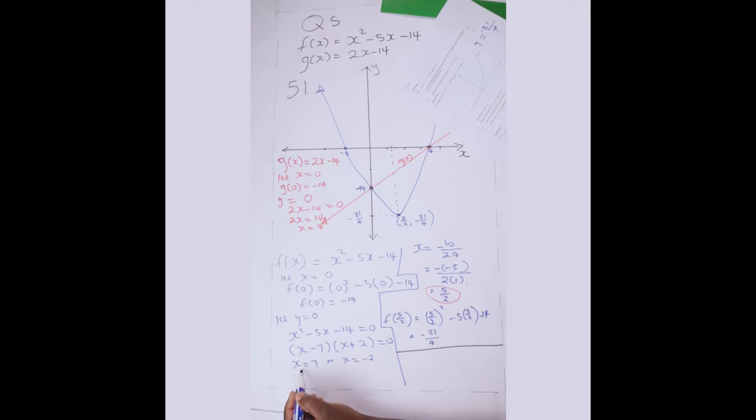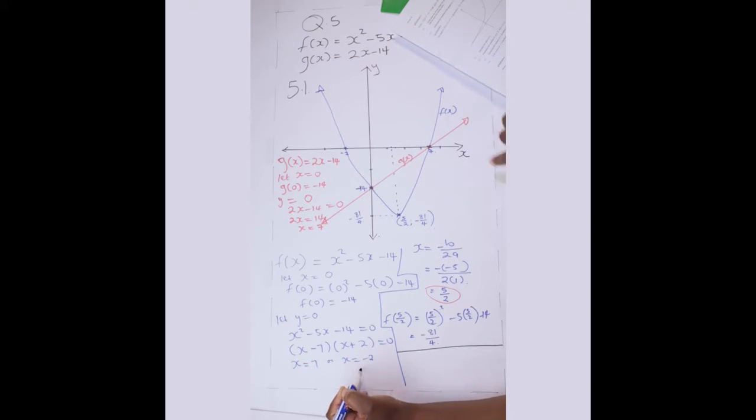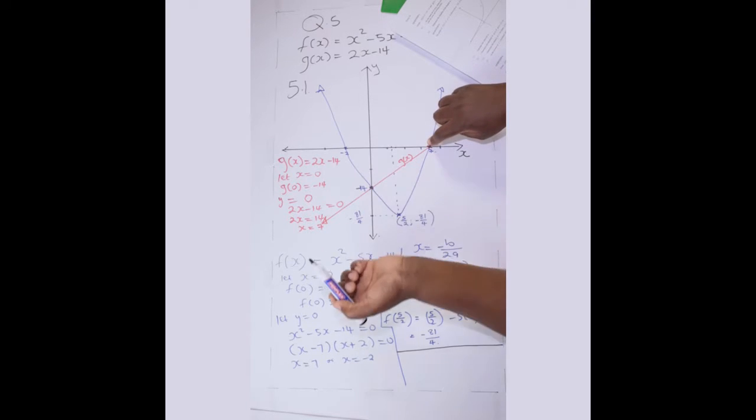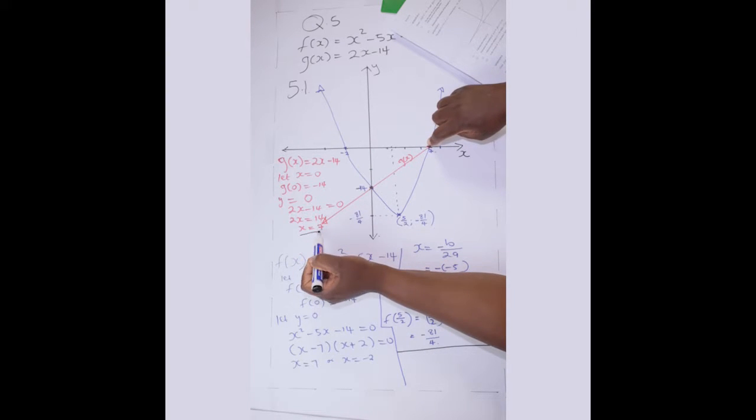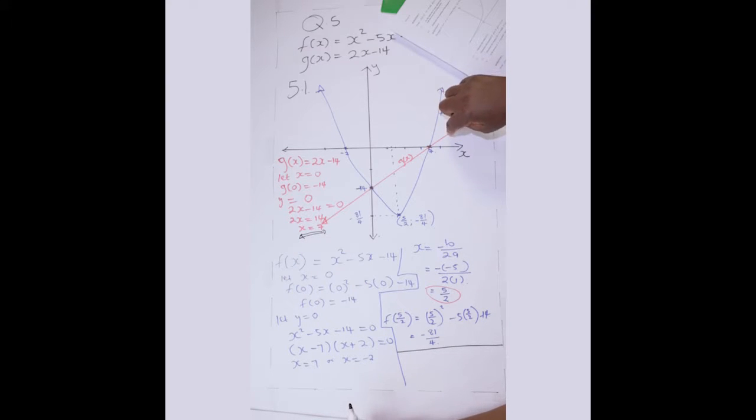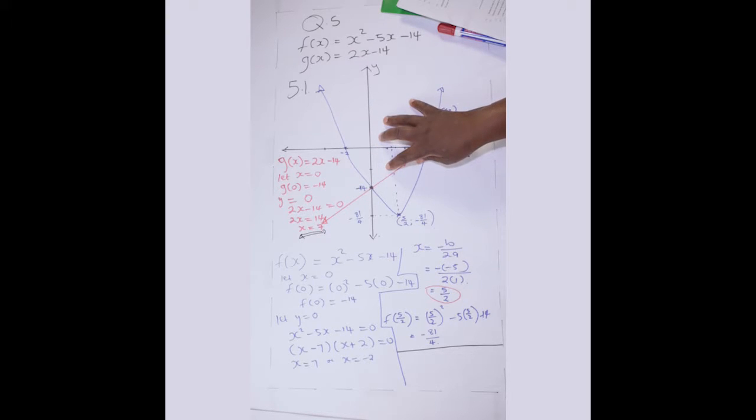We had x equals 7 and x equals minus 2. The 7 is shared with the straight line. Can you see the red one is for the straight line and the blue is for the parabola? Of course, we are told to draw the two equations on the same set of axes. So this is what you're supposed to do.